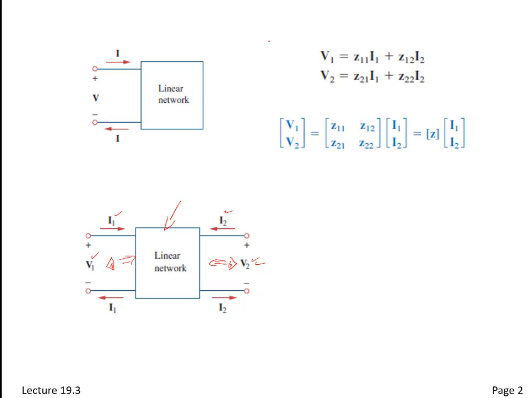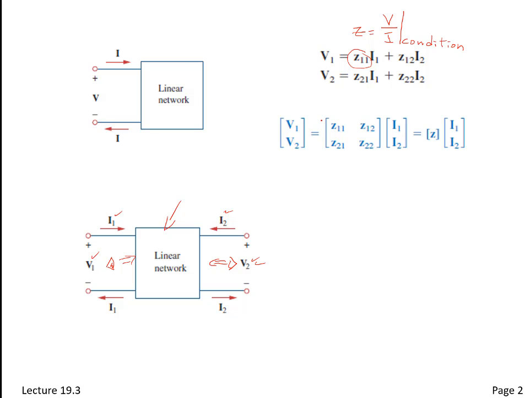Okay, and this is one way, one of several ways of describing what we're seeing. And we chose to call them Z parameters because we're familiar with the simple relationship impedance is voltage divided by current. And in the case of parameters, we're saying it's voltage divided by current under some condition.